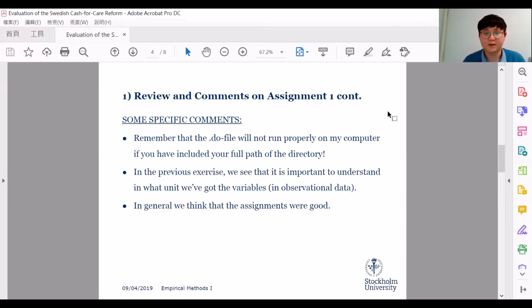So that's why if you directly use the t-test command to calculate a 95% interval, it will create small discrepancies between your answer and the true correct answer. So these are the two problems that I noticed in assignment 1. But other than that, I think the assignments are good.